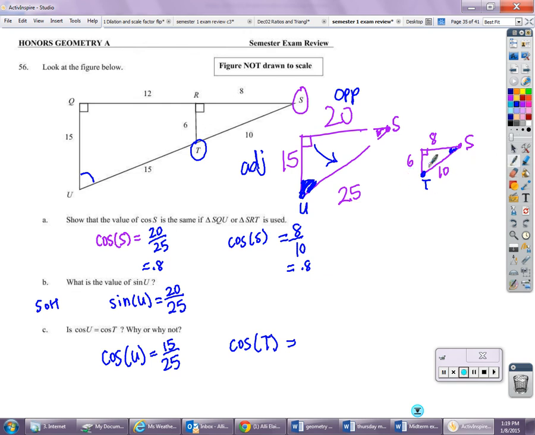So here's angle T. So again, this is the hypotenuse. Across angle T, that's the opposite. And this is the adjacent. So cosine is adjacent 6 over hypotenuse 10. So 15 over 25 in your calculator, if you do 15 divided by 25, I get 0.6. And 6 over 10 is also 0.6. So the answer is yes.